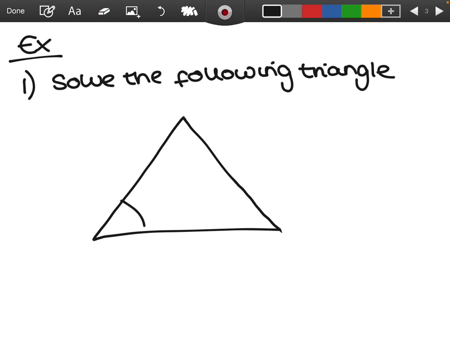So I am given that this angle is 43 degrees. This angle is 71 degrees. This angle I do not know. I'm going to call it gamma. I am given the side that is between the two angles, and I don't know either of the other two sides. Okay, I've got to solve for A and B and gamma.